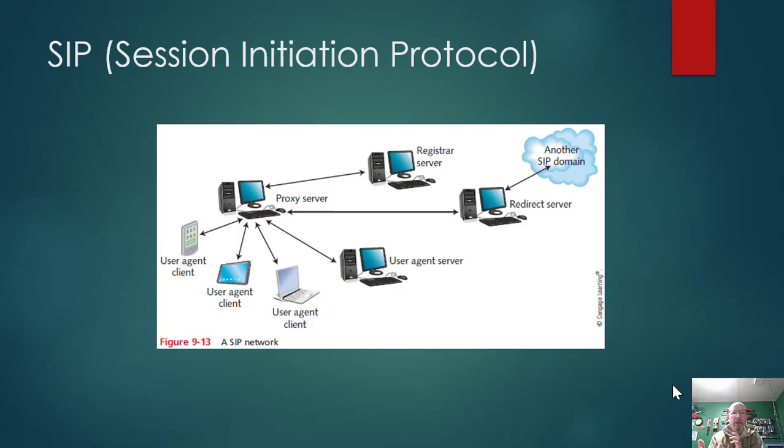The registrar and redirect servers assist in locating the recipient of the call we're trying to connect, or sometimes we have to take it off to another domain to communicate.